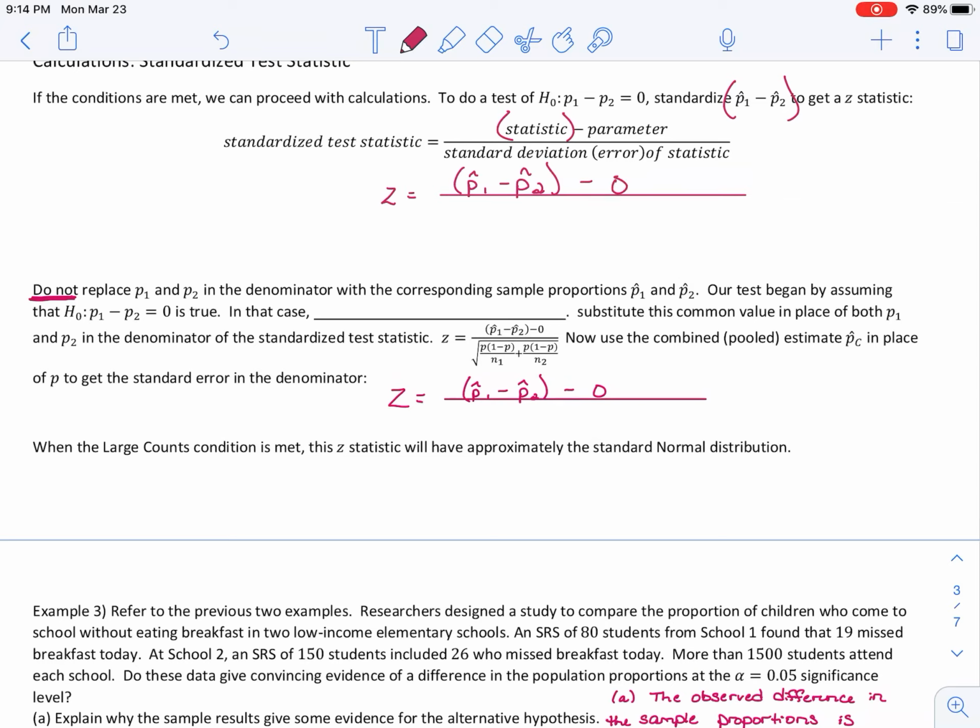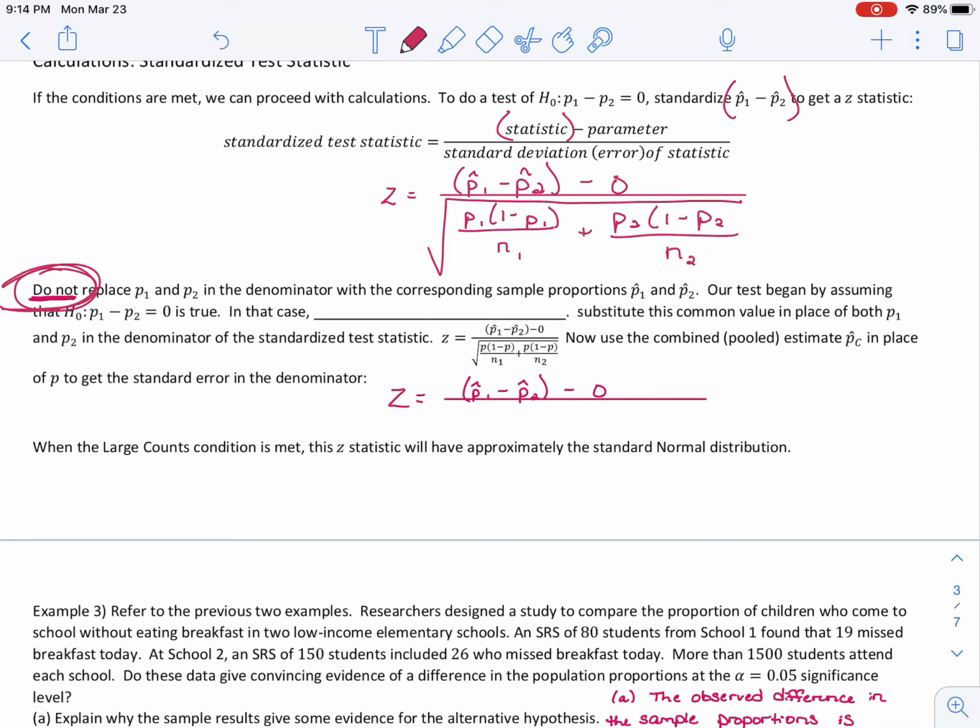That's the nice part. The less than nice part is the standard error of the statistic. When we talked about how we can sum our variances, we'd be looking at this. However, do not put p hat sub 1 and p hat sub 2 in these equations.